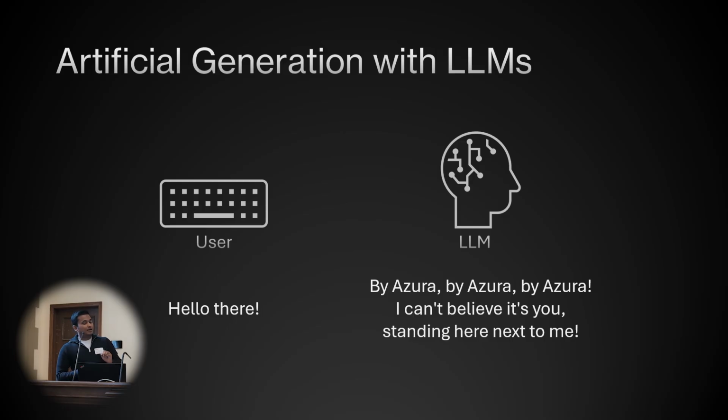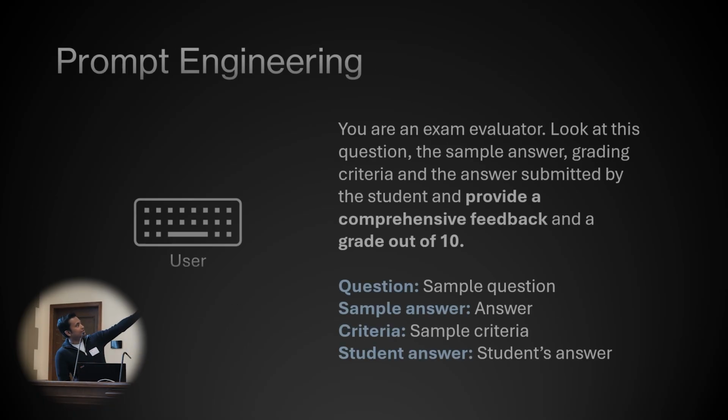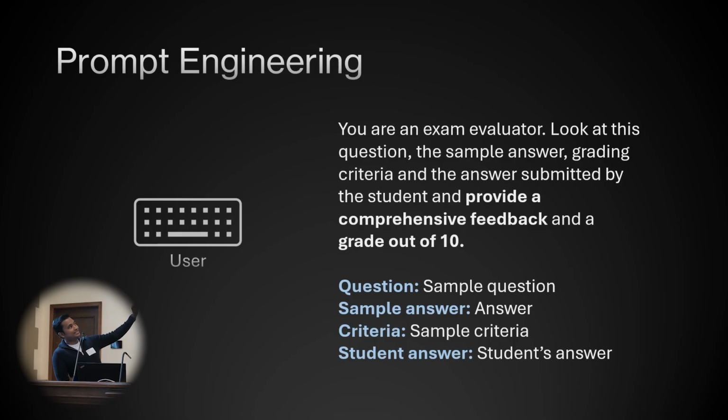So what we do here is that we want to engineer the prompt. In the previous presentation you also mentioned having a context, giving a persona, and a task. So this is a sample prompt: You are an exam evaluator. Look at this question, the sample answer, grading criteria, and the answer submitted by the student, and provide comprehensive feedback and a grade out of 10.